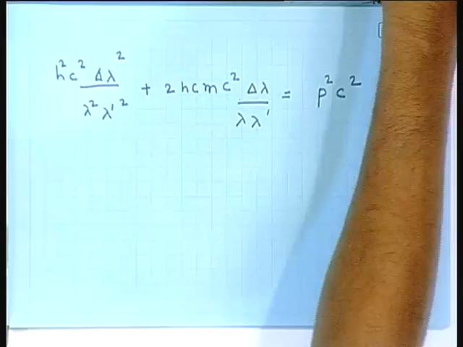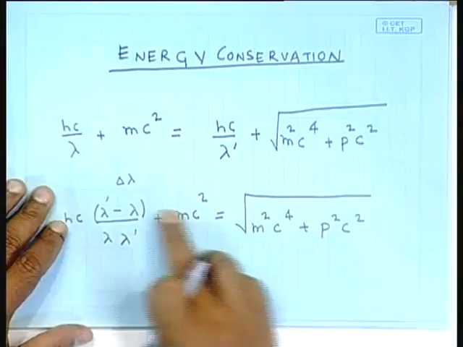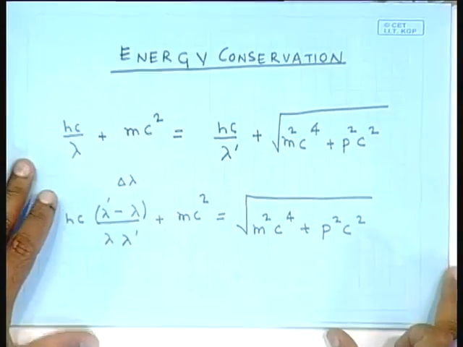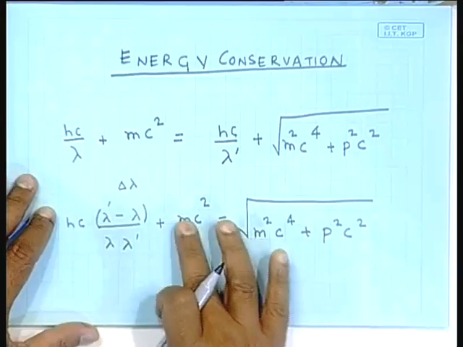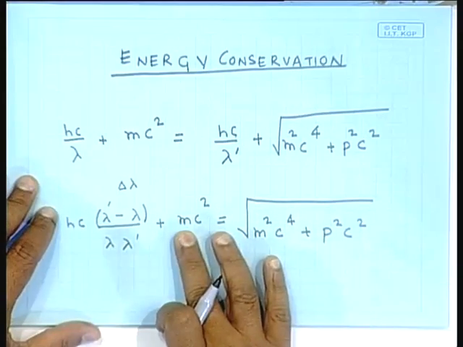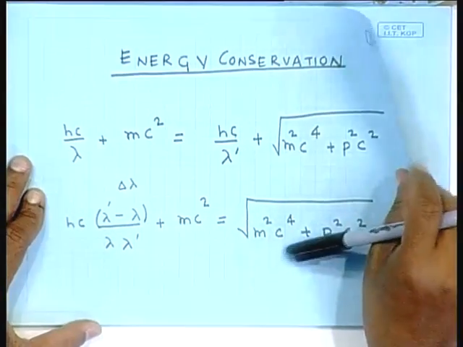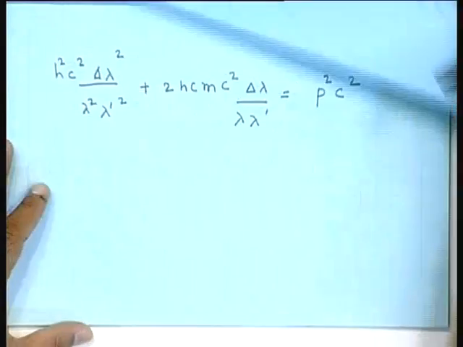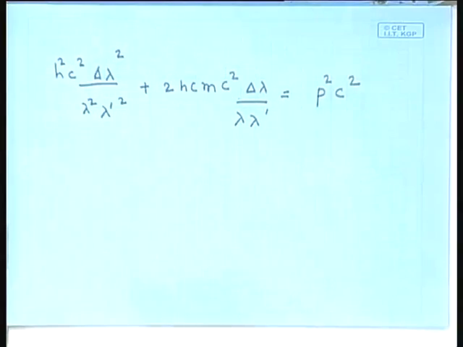All that we have done is that we have squared this and cancelled out the terms common to both the left hand side and the right hand side. So this is the relation that we get from the conservation of energy.